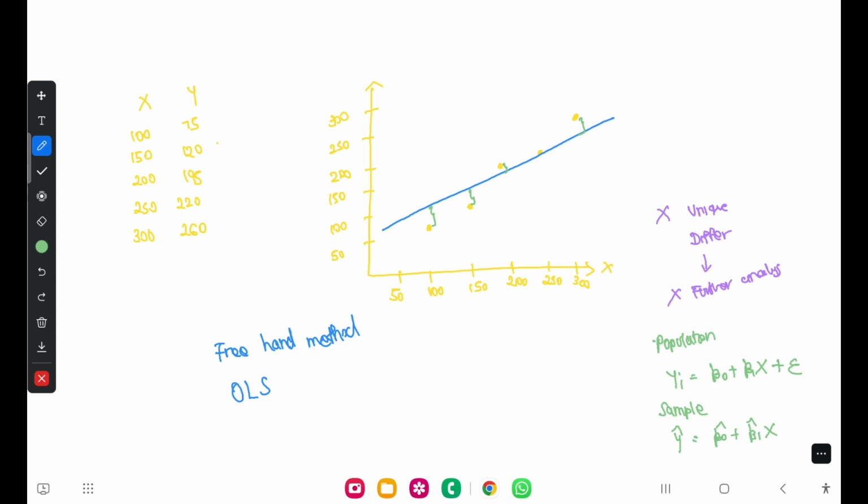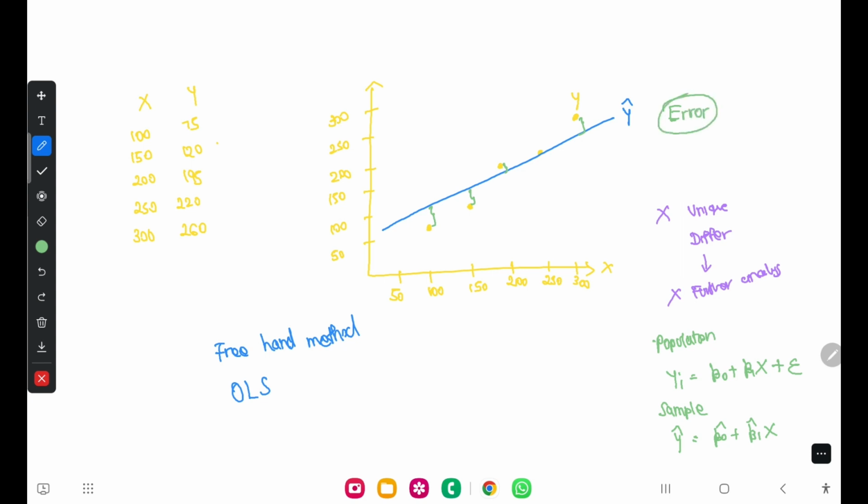Now, what's the formula for this error? Before anything, I want you all to know that the actual values, these yellow points, are denoted by y, and this fitted line is y cap. The green curly bracket is my error.